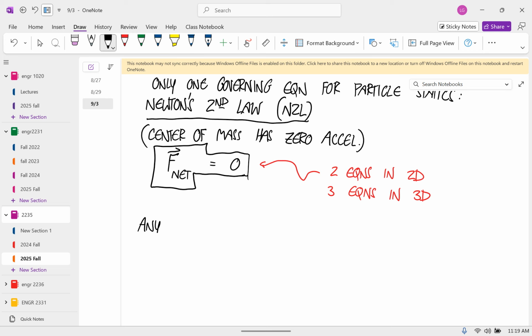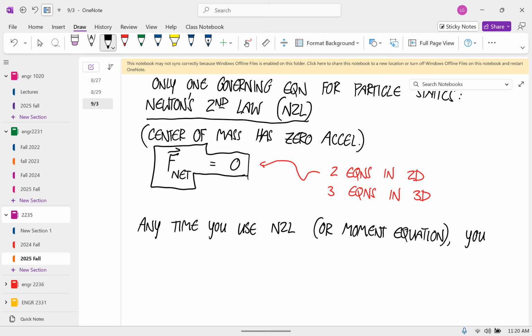Anytime in this class, in any class really, but I don't control you after you leave this class, but anytime you use Newton's second law or the moment equation that we'll get to in not very long, you need to draw a corresponding free body diagram.